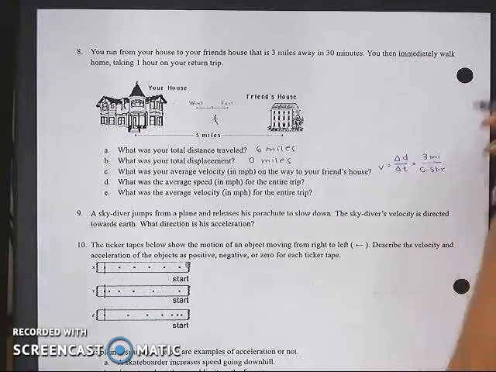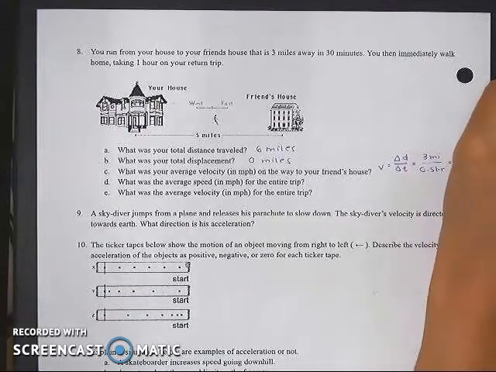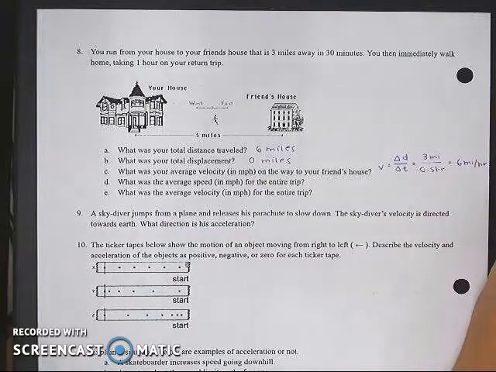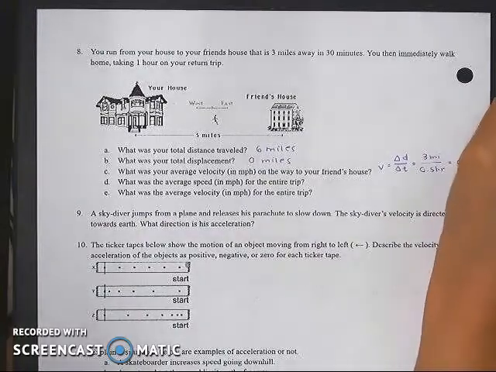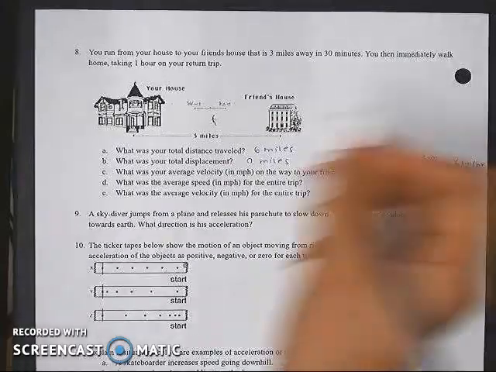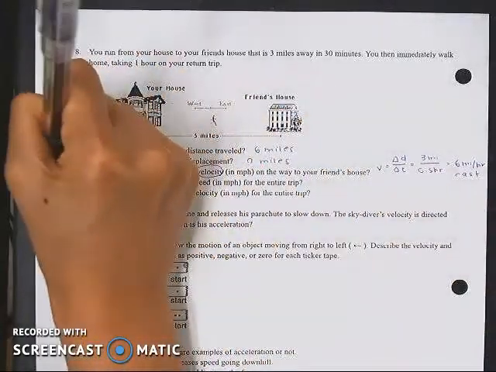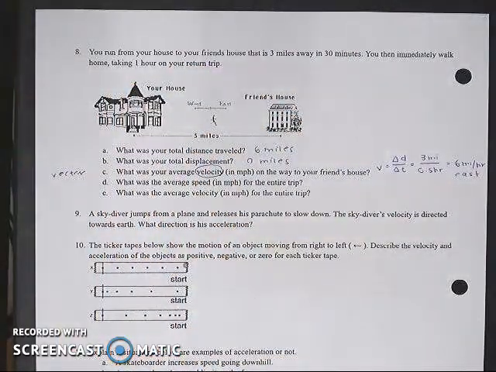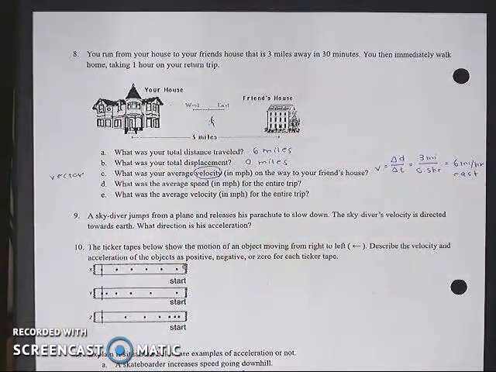In this case, your velocity is 6 miles per hour, and you're moving to the east. So remember, velocity is a vector. It must have both direction and magnitude.